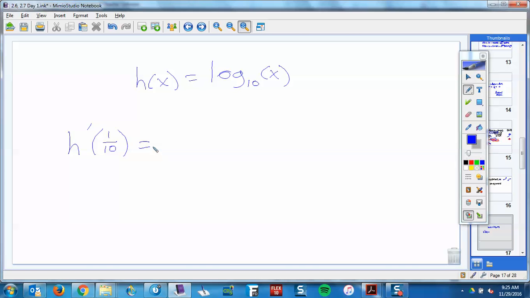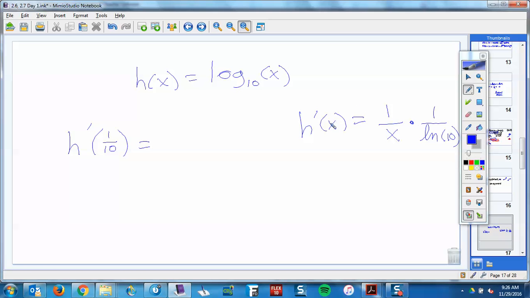Before we can do h prime of 1/10, we need to know what h prime of x is, right? So we need to do h prime of x, and the rule for this derivative is what? It's 1 over x times 1 over ln 10. That was our rule for these logs. That's the rule for the derivative of a log function right there.